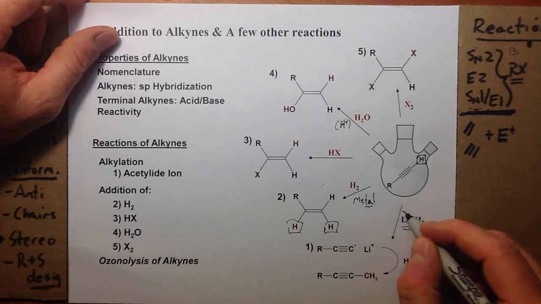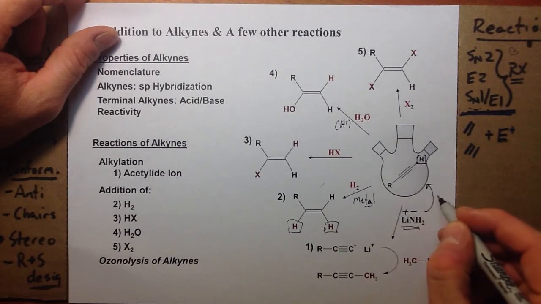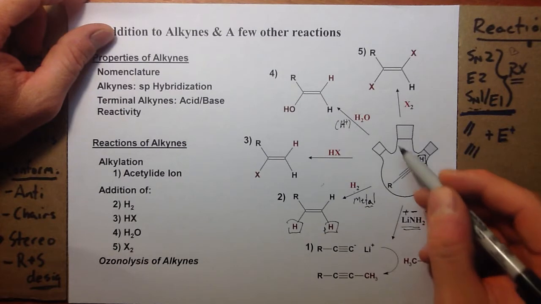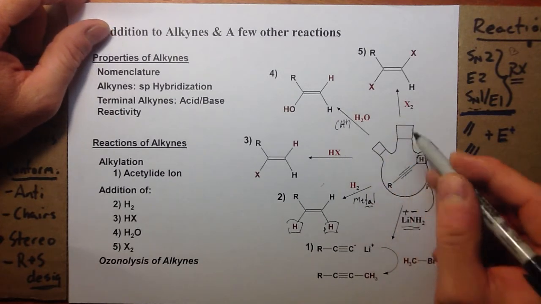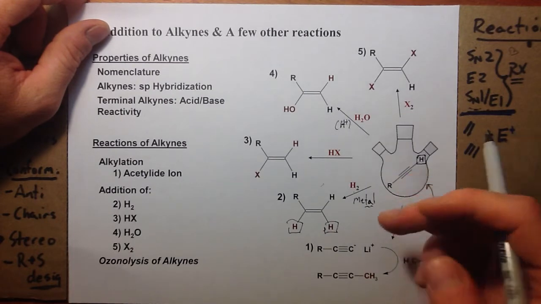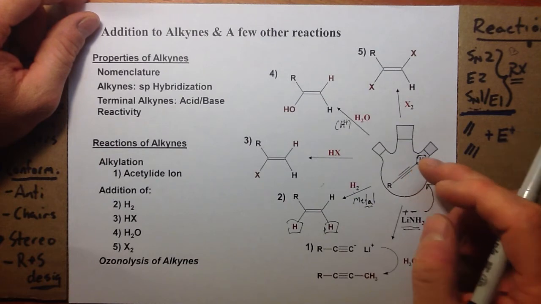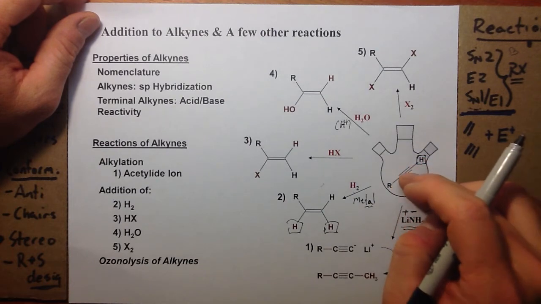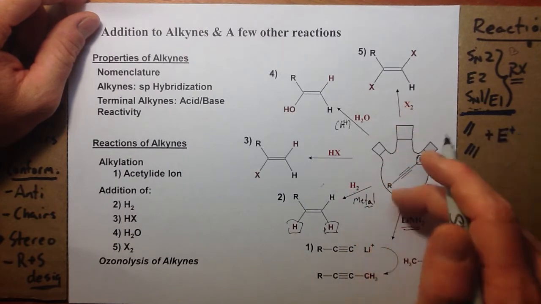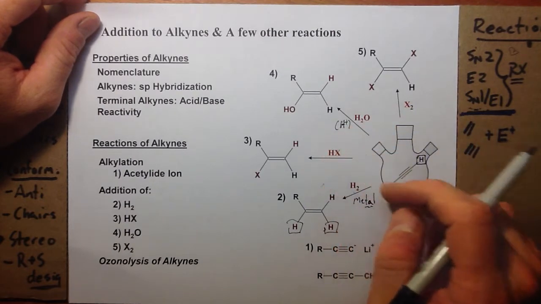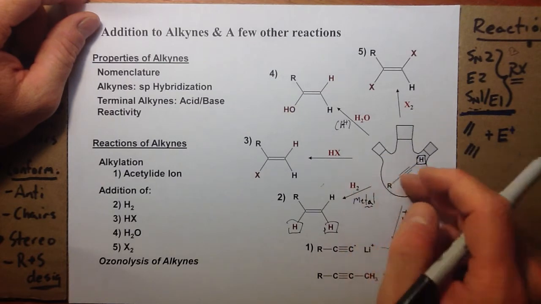For the first time ever, we're going to have a base come in and attack the alkyne. Typically we've had the alkyne going out and attacking. Usually with alkynes and alkenes, pi electrons go out and make their attack on Br2, protons in acids, or metals.